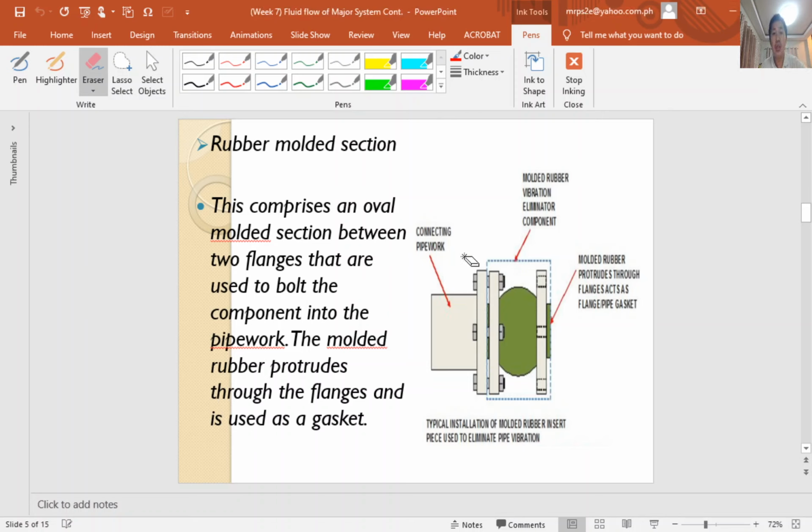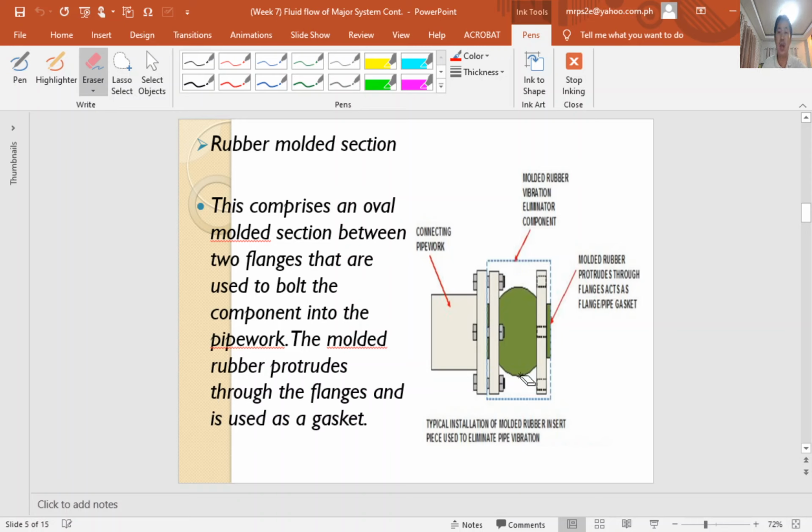So here you have again the connection to pipework, and to the other side also this is connected to pipework. So we have here the molded rubber vibration eliminator component. This one is the rubber. This is the typical installation of the molded rubber insert, used to eliminate pipe vibration.